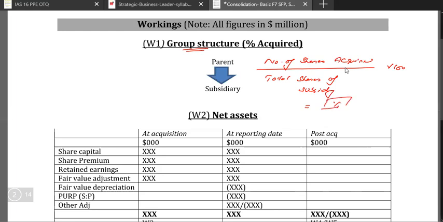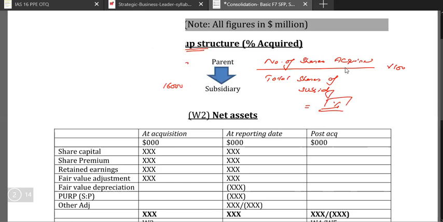But remember one thing, when you are going to take the subsidiary's share capital from the subsidiary's balance sheet, you need to see, for example, if the balance is written as 8,000 and here it is written $1 share, then the total shares are 8,000, because one share is for $1. Similarly, if it is written, say, $0.5, then the total number of shares will be 16,000.